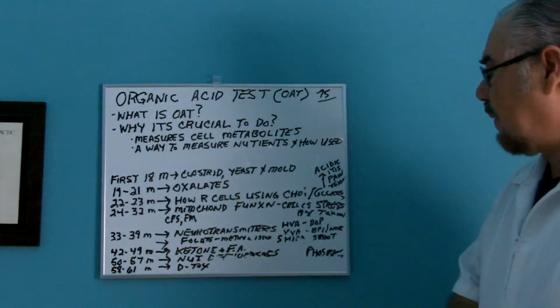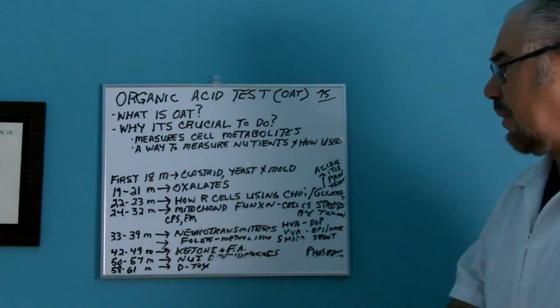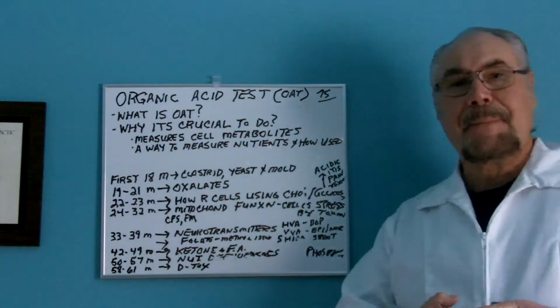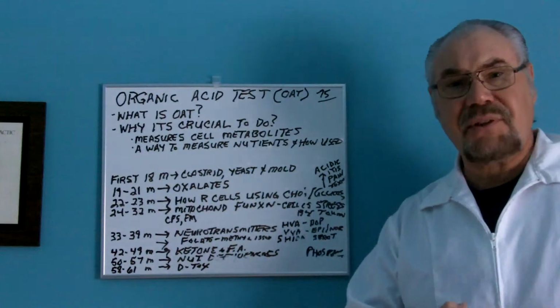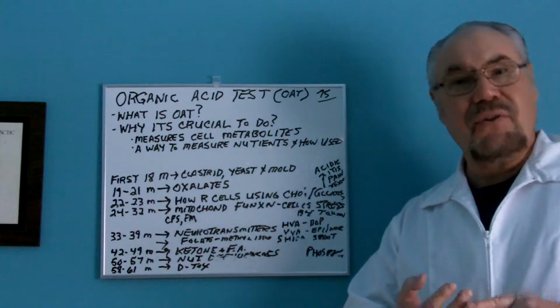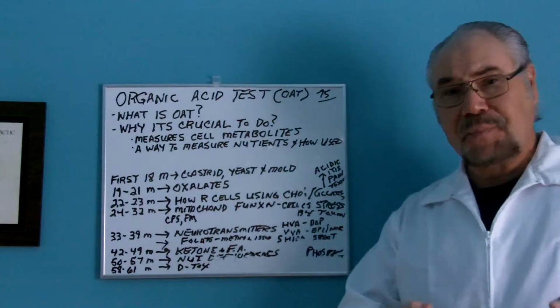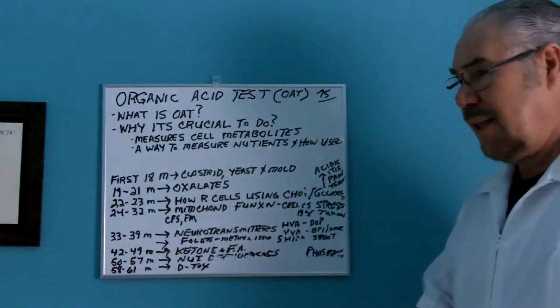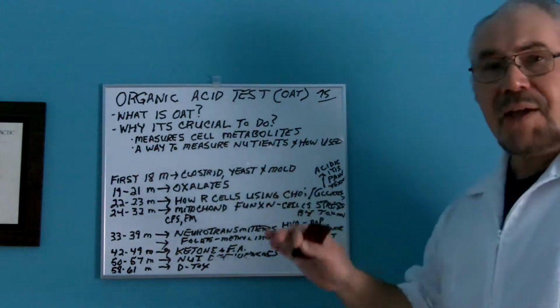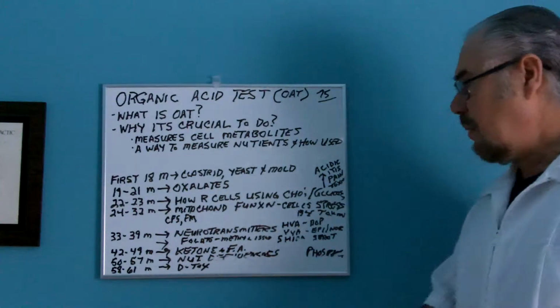All right, now the first 18 markers on this thing measure infections, clostridial infections, yeast overgrowth, and other bacterial markers like mold. Okay, we need to know if this is going on in your body so that we can eradicate the problem.